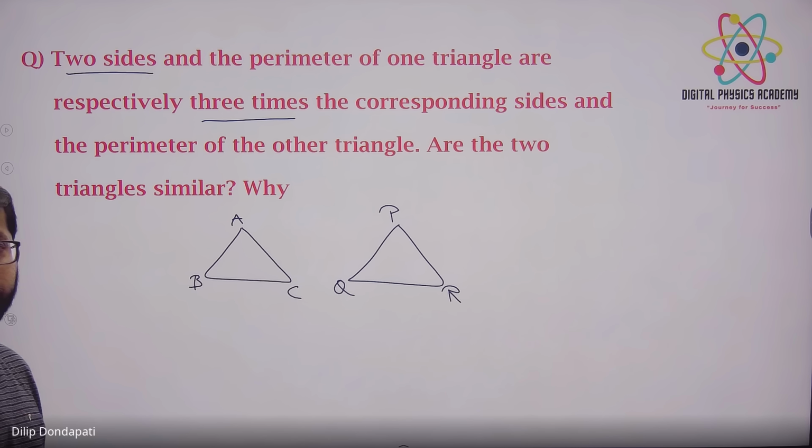General question understood? They are in the same ratio. Why are they in the same ratio? Why is the perimeter given, right?